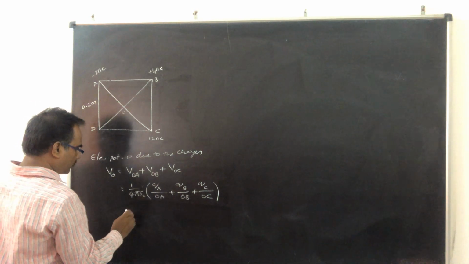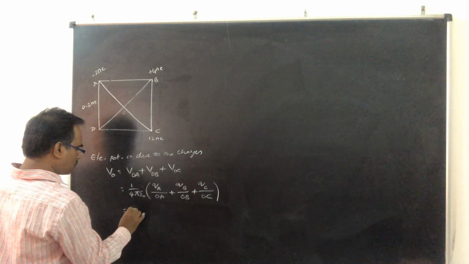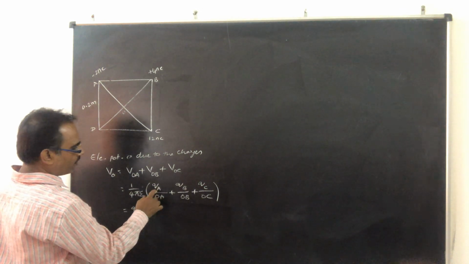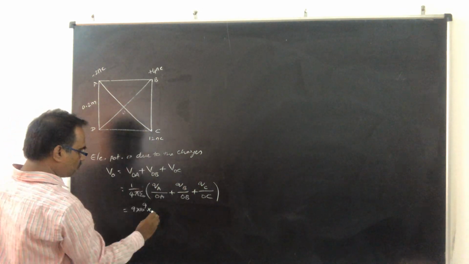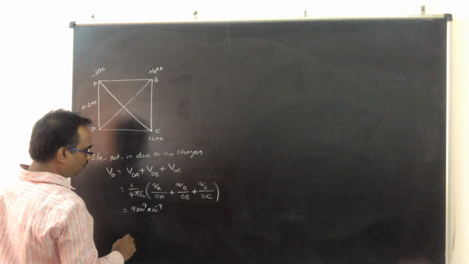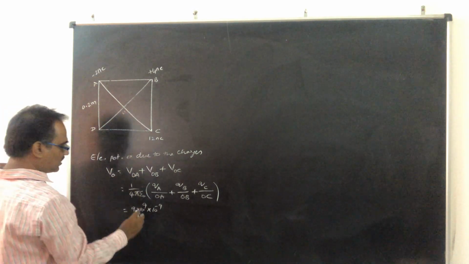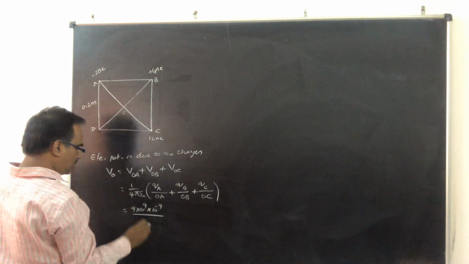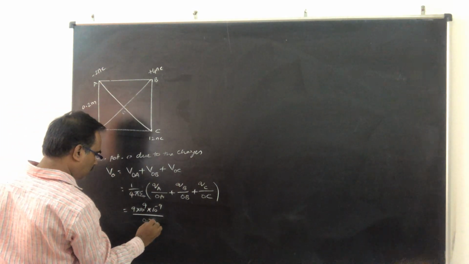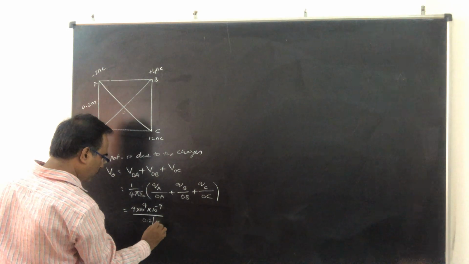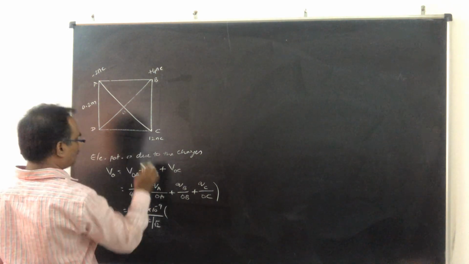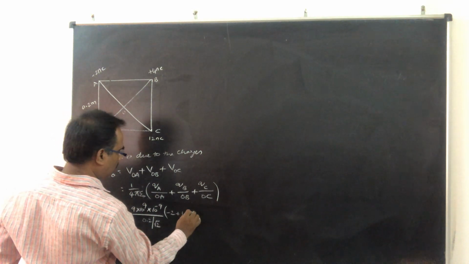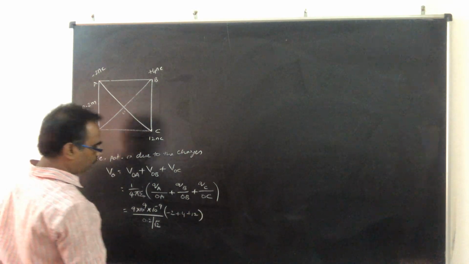Now you do substitution. So 9 into 10 to the power of 9, this is 1 by 4 pi epsilon naught. All these are nanocoulomb charges, so 10 to the power of minus 9 is common. And this distance is the same. That is half the length of the diagonal, which is 1 by root 2 times the side. So 0.2 divided by root 2, and the charges are minus 2 plus 4 plus 12.